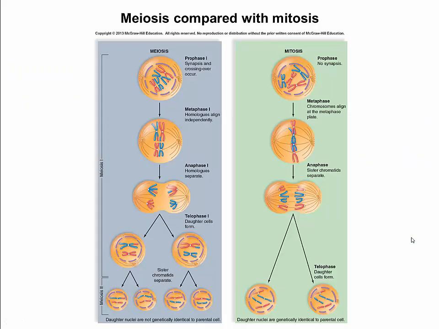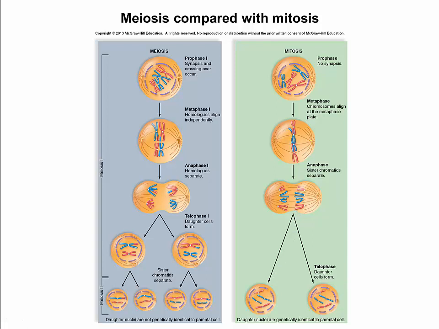So just to review, as we compare meiosis and mitosis, what we notice is this. In the case of mitosis, we begin with a diploid cell and we end with diploid cells. What happens in mitosis is that in metaphase, all the chromosomes align along the metaphase plate and the sister chromatids are pulled apart, and we end up with 2 cells that are genetically identical, and they are both diploid.